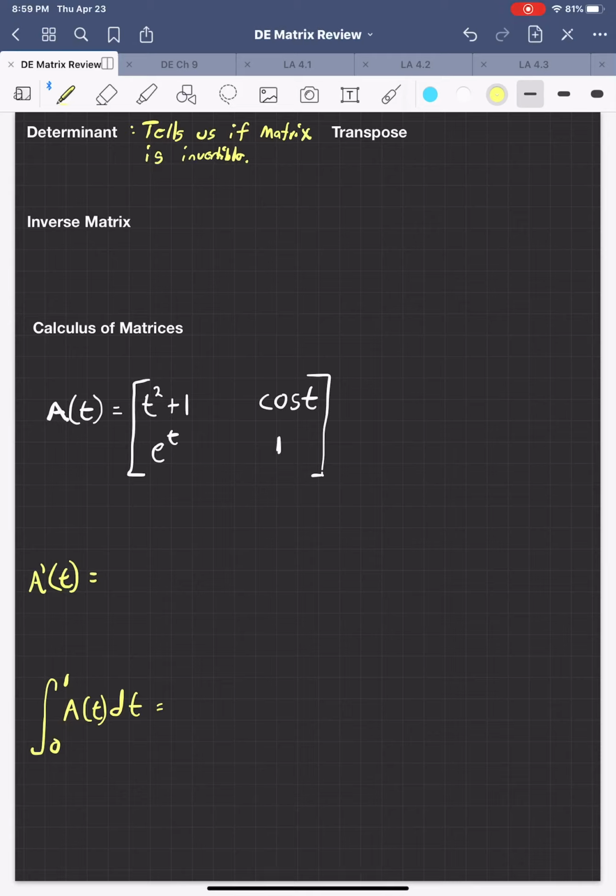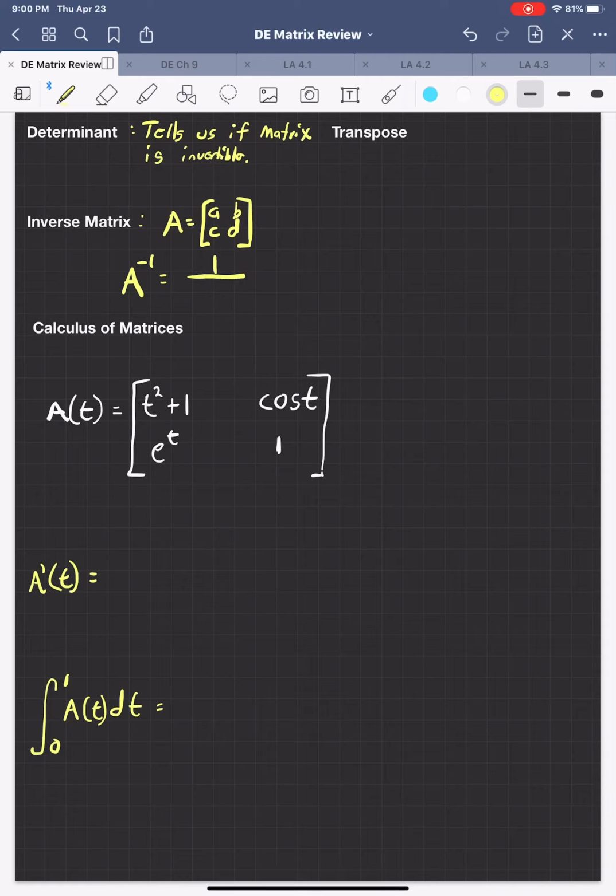So let me start with the inverse of a 2 by 2 matrix, right? Again, if we use matrix A, which was A, B, C, D, then A inverse looks like the following.